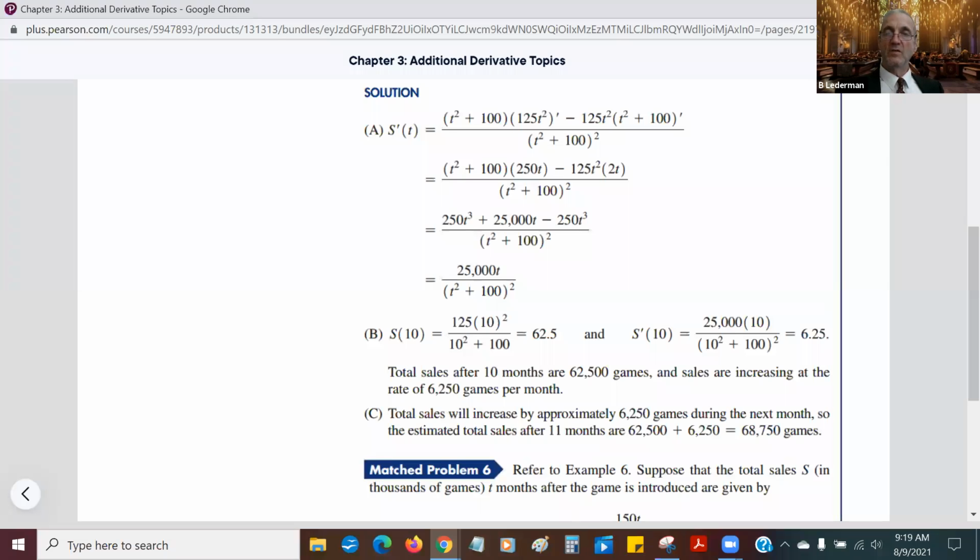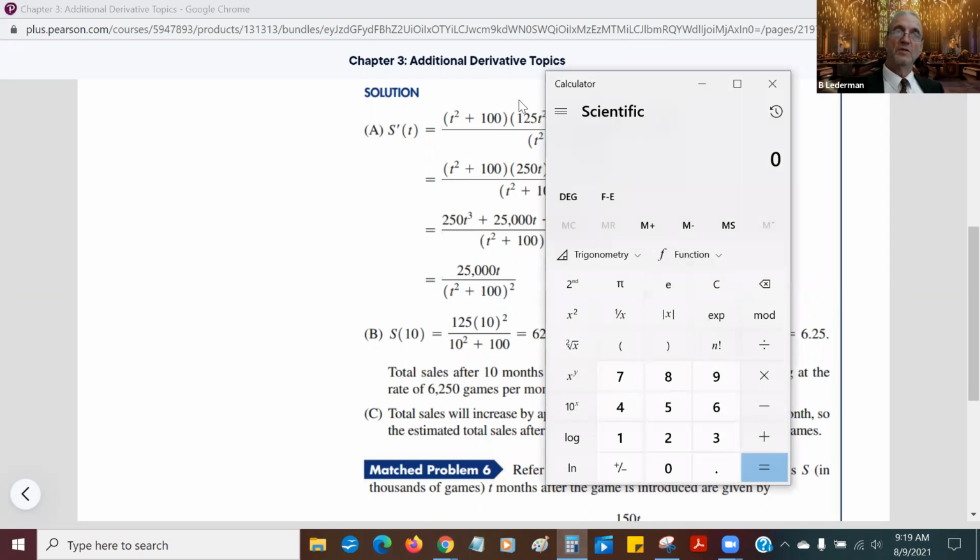Now, of course, we could always just go to the original formula and plug in 11 instead of 10, and let's see what happens if we do that. So 125 times 11 squared. That gives me 15,125. Now I'm going to divide that by 11 squared plus 100.